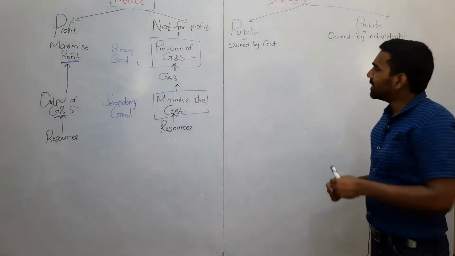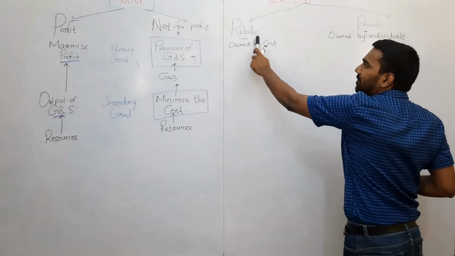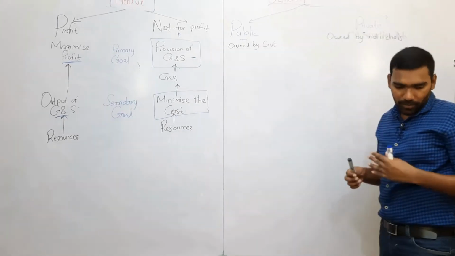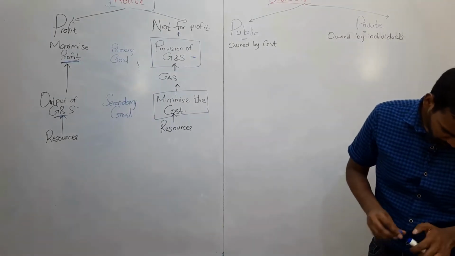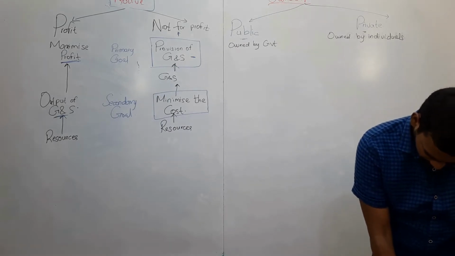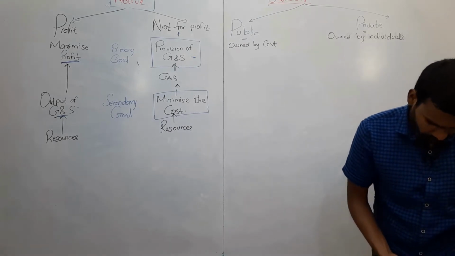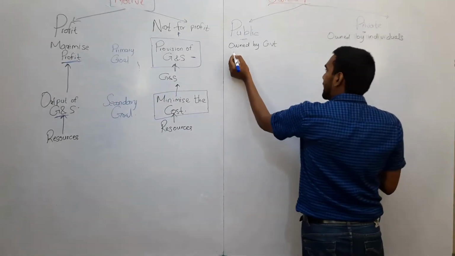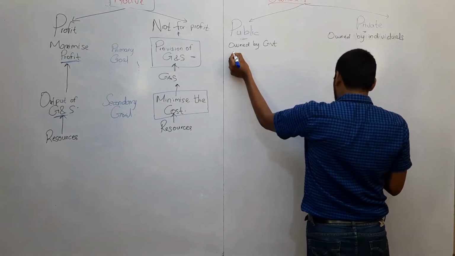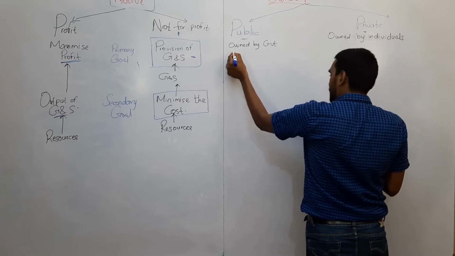Okay. So this is straightforward. There are different types of publicly owned entities. There are three categories.